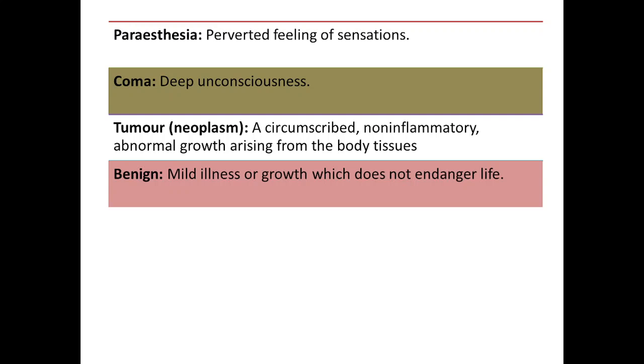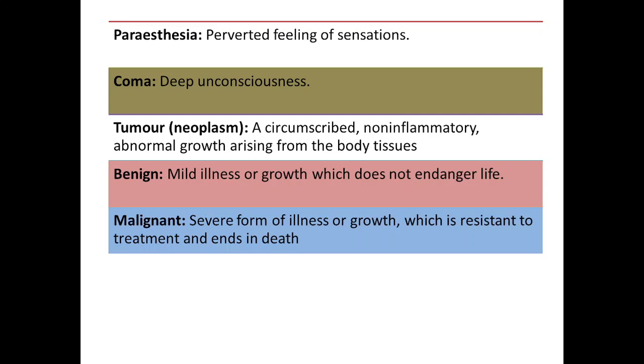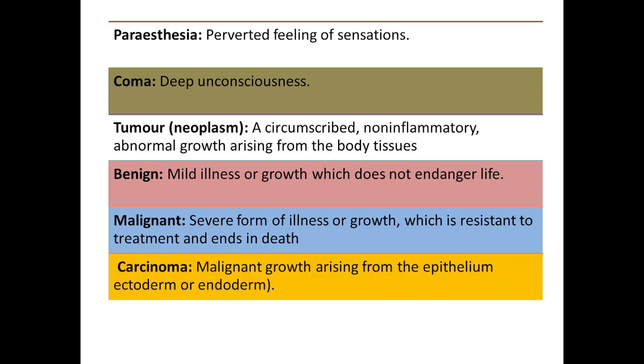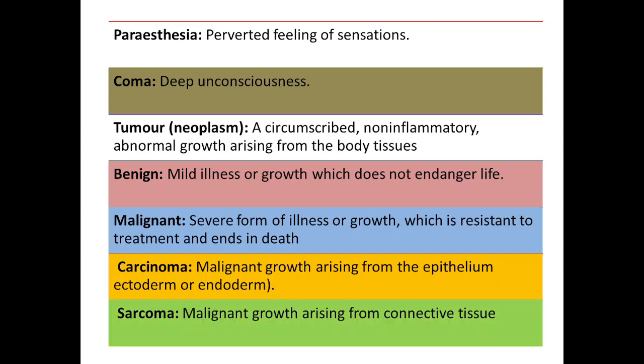Benign is a mild illness or growth which does not endanger life. Malignant is a severe form of illness or growth which is resistant to treatment and ends in death. Carcinoma is a malignant growth arising from the epithelium, ectoderm or endoderm. Sarcoma arises from connective tissue and is also a malignant growth.